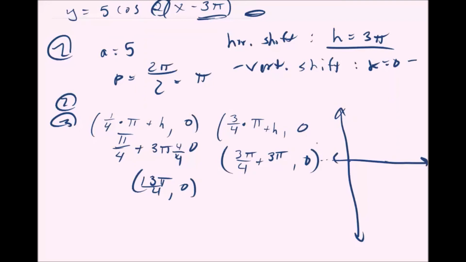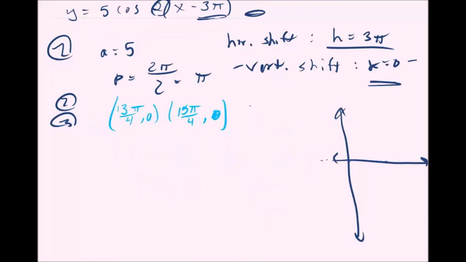And the comma 0 is to remind you, it is an intercept. That would be different if the vertical shift was there, but because there's no vertical shift, it's still going to be going through 0. And so we have to multiply this by 4 over 4, so we can add it, 3 plus 12, so 15 pi over 4, comma 0. And those are our 2 points on the x-axis where it's going to cross the graph.